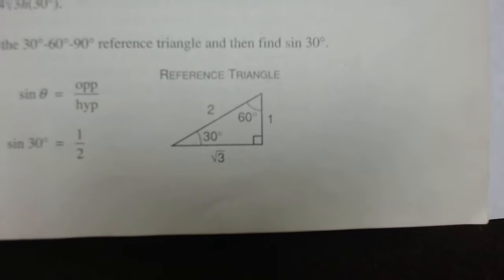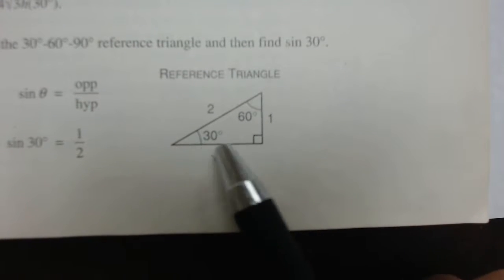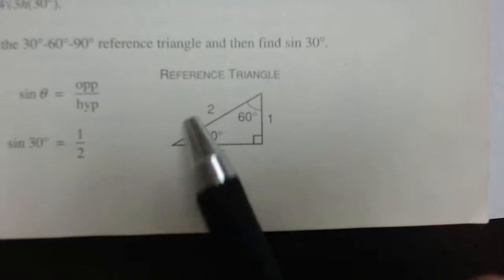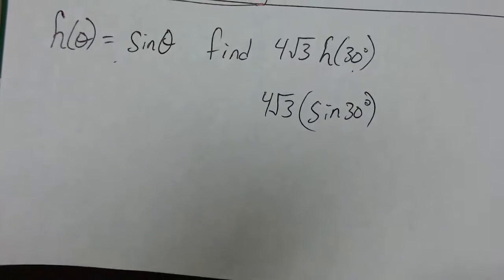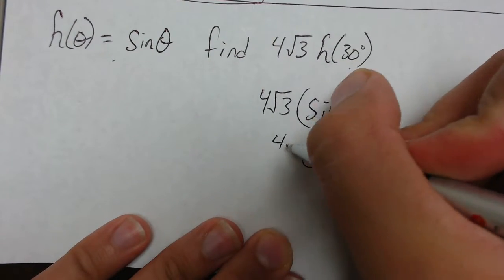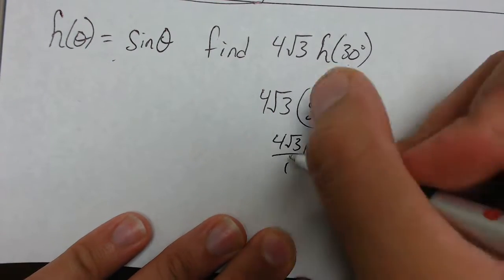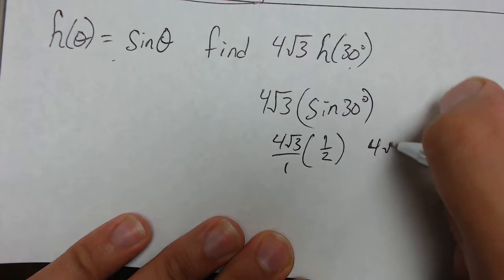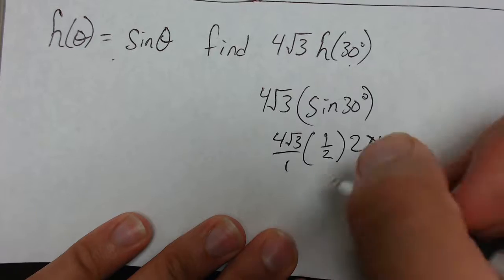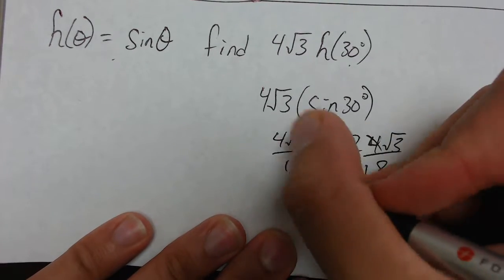So sine of 30 degrees means that we're going to take the opposite, put it over the hypotenuse, which means we're going to have a value of 1/2. So sine of 30 degrees can be replaced with 1/2. Multiply that by 4 root 3. We get 4 root 3 over 2, and then we cancel to get 2 over 1, or 2 times the square root of 3.